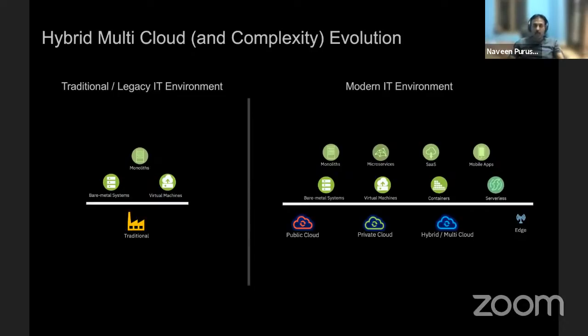Even in the public cloud scenario, we see nowadays clients utilizing more than one cloud service provider. Cloud service provider A may have very good capabilities when it comes to, say, data management. On the other hand, another cloud service provider may have superior capabilities for certain other types of workload.